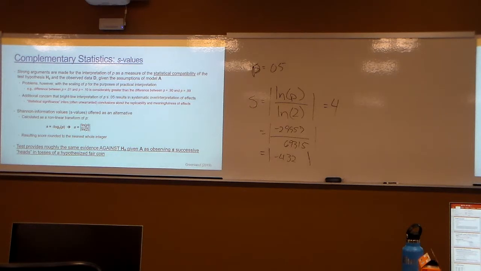If I find a study and I find an effect that has a p-value of 0.05, this gives me an S value of 4, suggesting that this test gives us about the same amount of information against the null hypothesis, given the underlying model, as 4 consecutive heads would give us against the hypothesis that I'm working with, a fair coin.